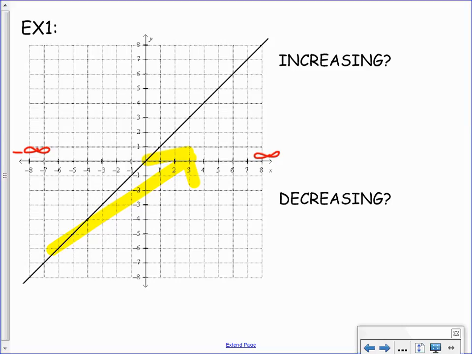This graph is continually increasing. So this is always increasing from left to right. One way you can write it is the graph is increasing from negative infinity to positive infinity. Or you can say it's increasing for all real numbers.